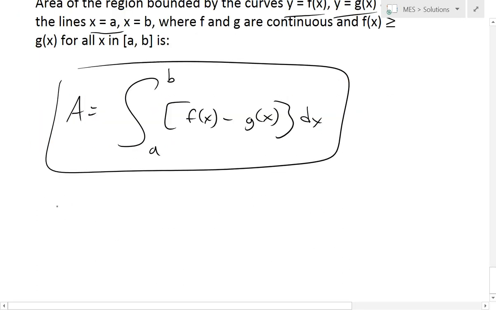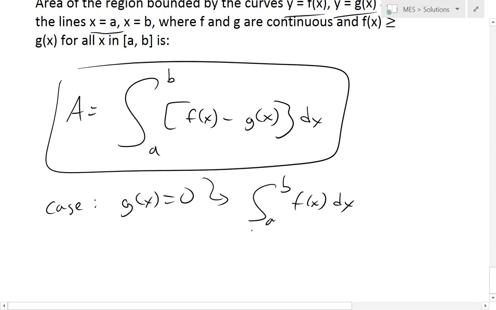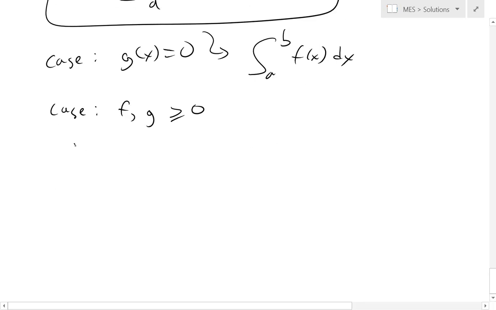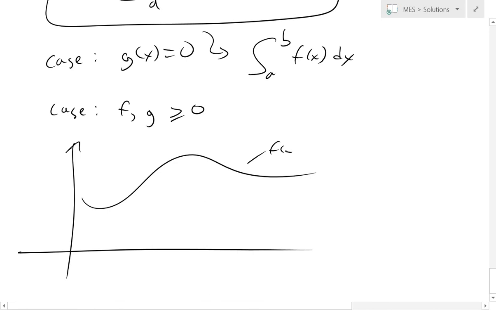Notice that when we have the case where g of x equals 0, then this goes back to the old definition of the definite integral for area under a function, the integral from a to b of f of x dx. Also, when f of x and g of x are both greater than or equal to 0, you'll have something like this, where this is f of x and this is g of x.